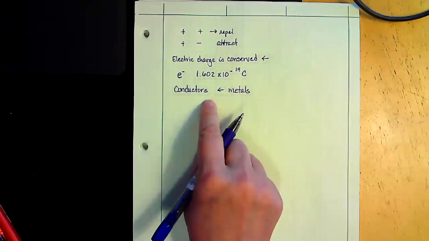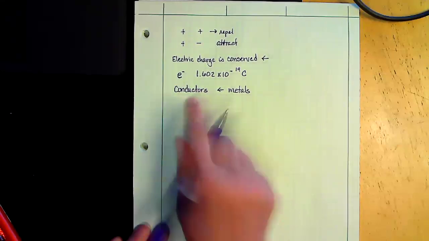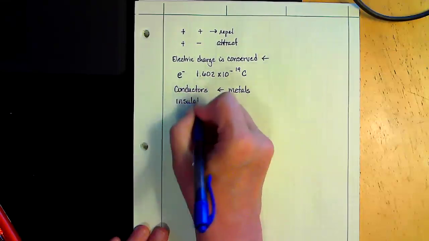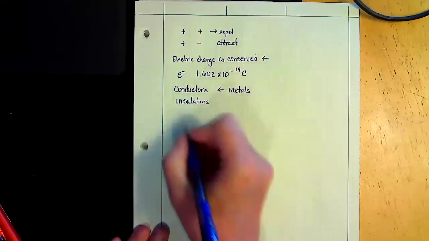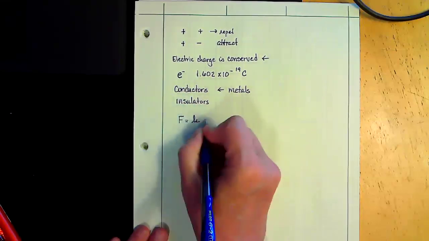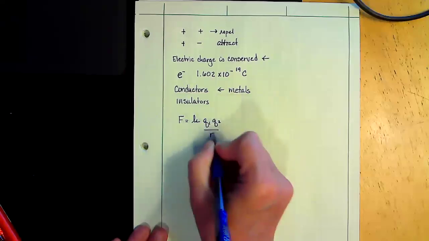Really good conductors are in the center of the periodic table. Materials that do not conduct electricity are called insulators. We've had Coulomb's law, which is F equals k q1 q2 over r squared.